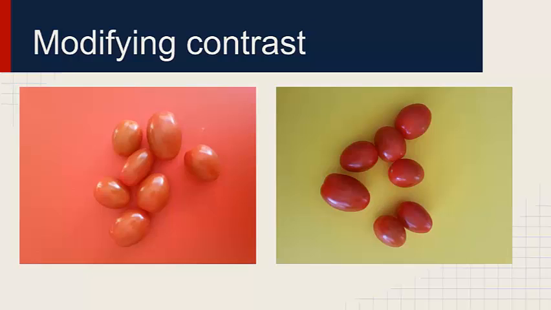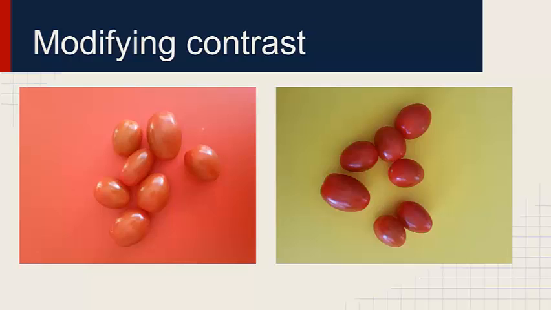So for example, here's two pictures side by side of some little baby Roma tomatoes that I've taken a picture of. On the left-hand side, they're on a kitchen chopping board that's red. And you'll see that the difference between the background, the chopping board, and the tomatoes is not all that great. So imagine someone with vision impairment trying to see the tomatoes on that chopping board. It would be quite difficult.